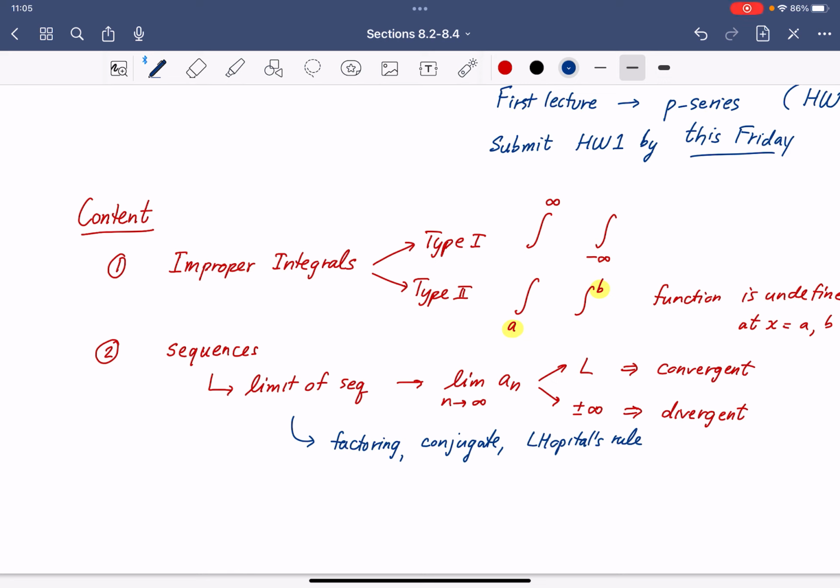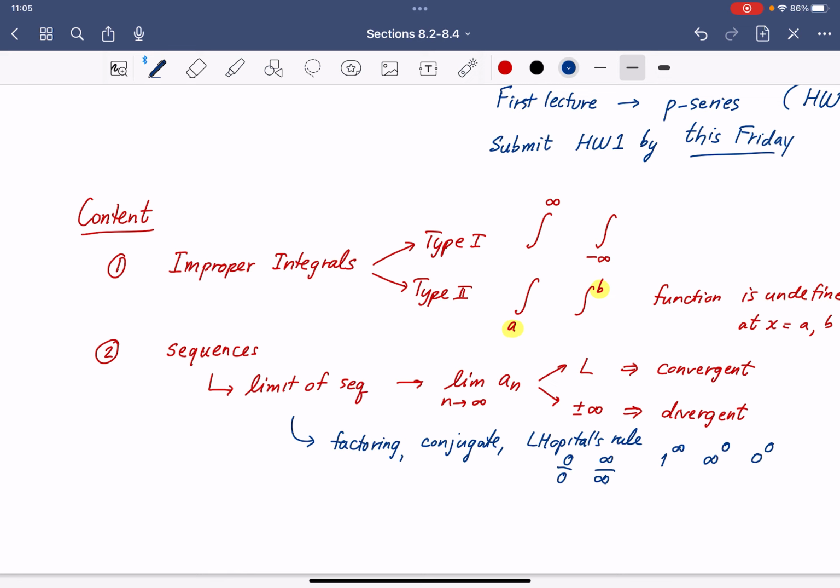You have to be able to apply L'Hopital's rule when you see 0 over 0 or infinity over infinity, or even something like 1 to the infinity, infinity to the 0, or 0 to the 0. You should be able to take the log first, then take the limit and then do L'Hopital's rule.